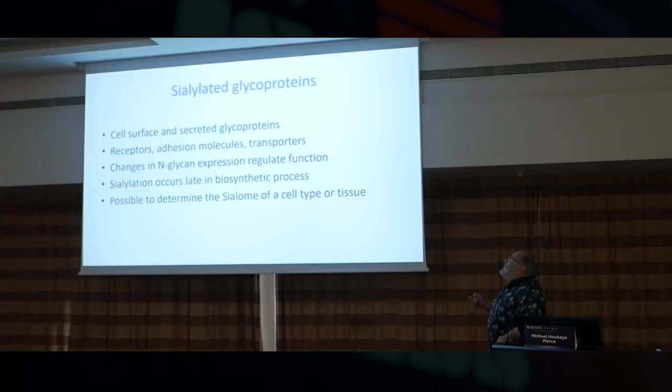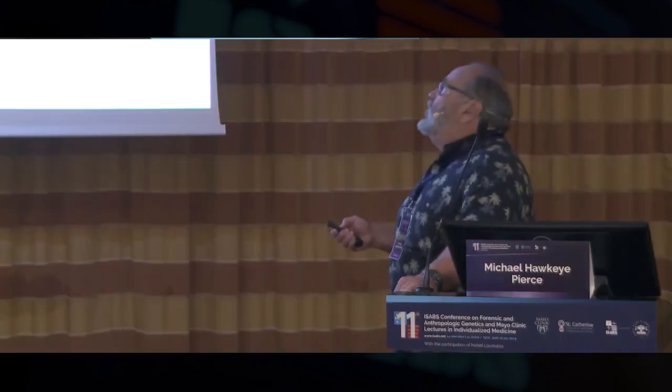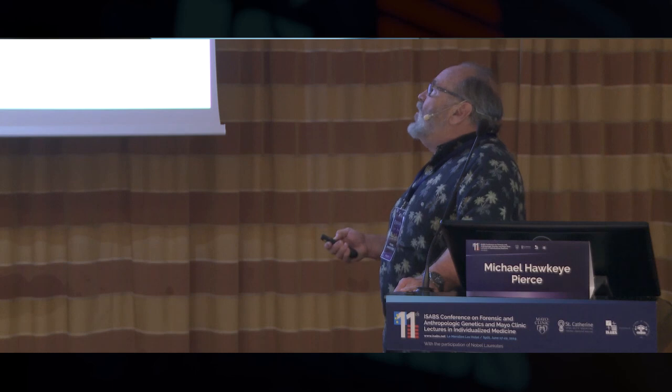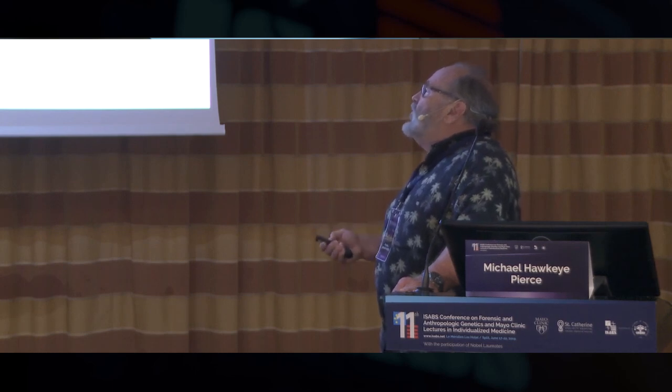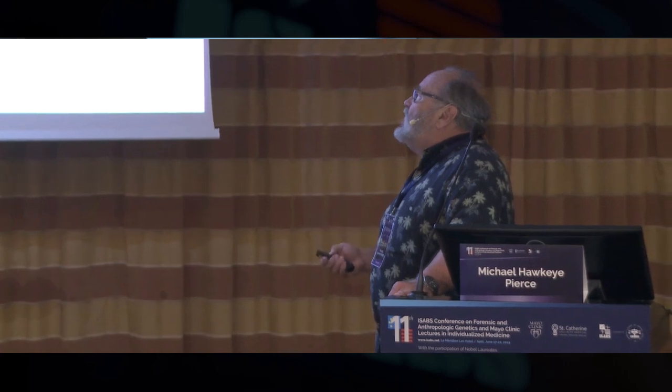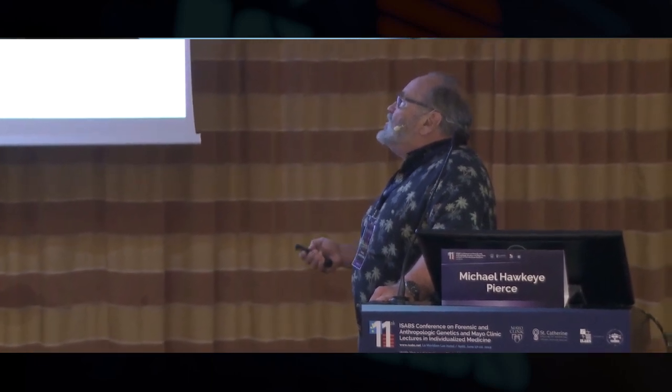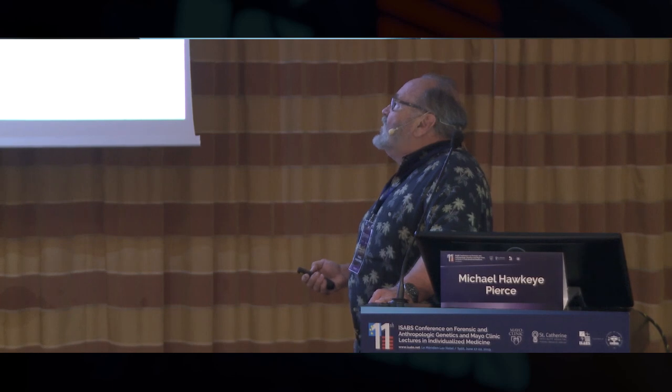And so basically, if we focused on sialylated glycoproteins, really these are cell surface and secreted glycoproteins mainly that have sialic acid on them. So this is going to allow us to simplify the glycome and approach the sialome. We know specific functional molecules in the cell surface that express sialic acid, and we know that changes in expression can regulate function.